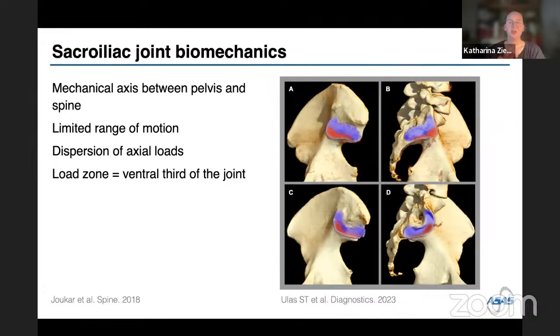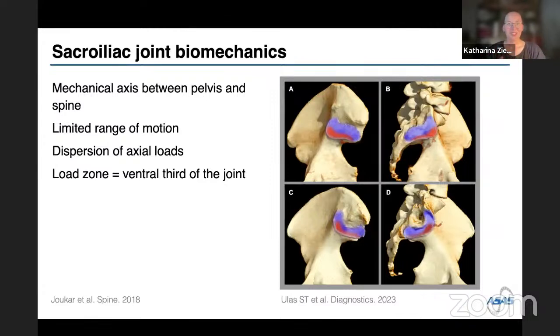They can do a little nutation movement, but anatomically they have this very limited range of motion, because the sacrum is basically a wedge in the dorsal part of the pelvic girdle. The joint itself is quite uneven, so there's friction to keep the sacrum nice in place, and also a very strong capsule and ligamentous apparatus stabilizing the joint.